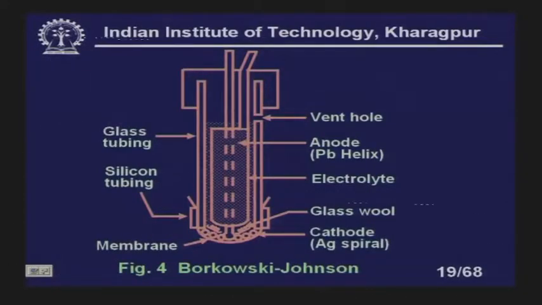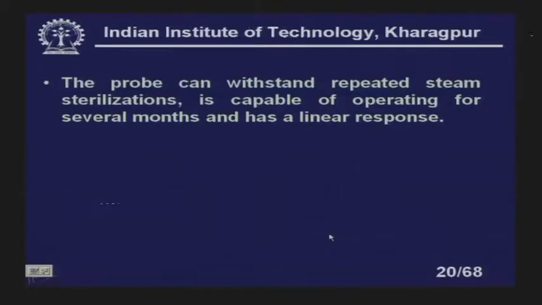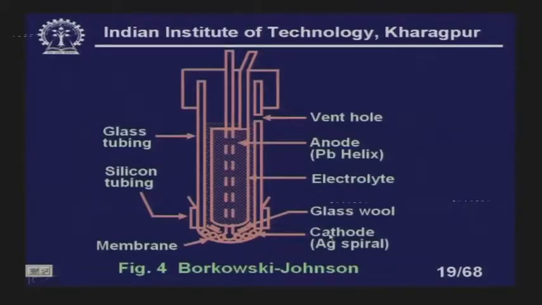Here we have a glass tubing, the anode which is a helix, then the electrolyte, a glass wool, a cathode which is a silver spiral, and a silicone tubing membrane. Two wires are coming out of the glass tubing.